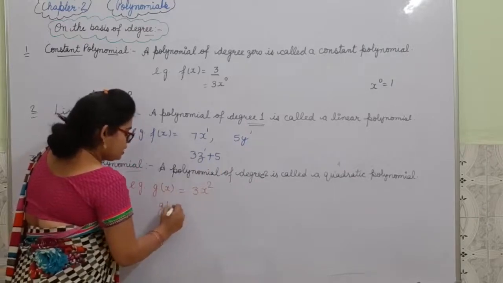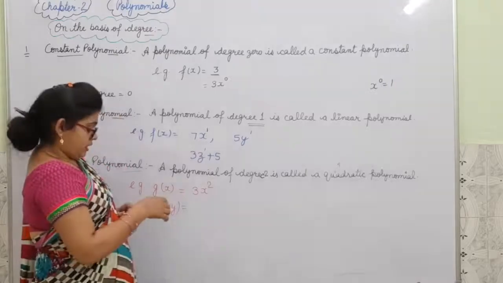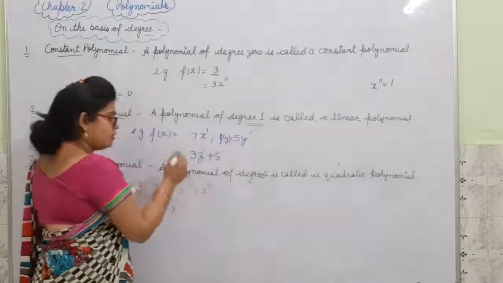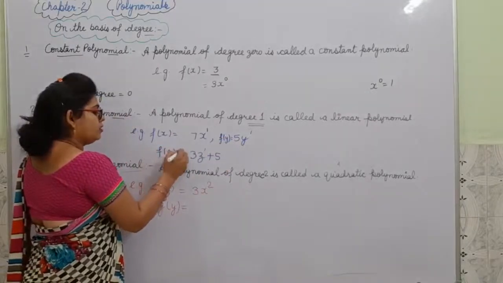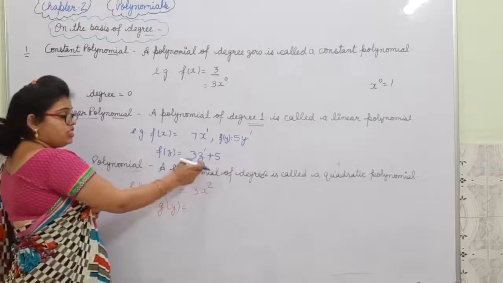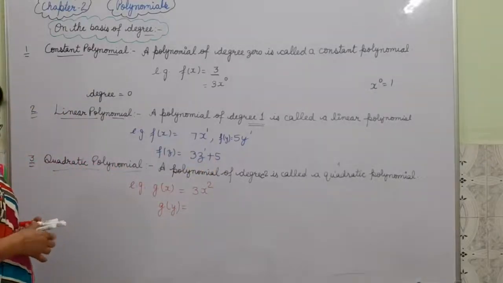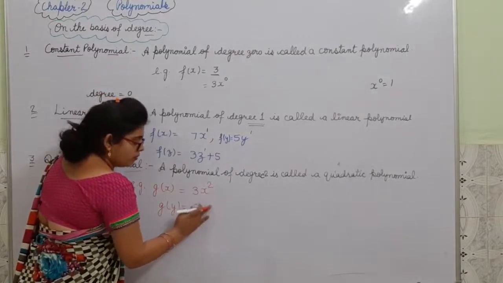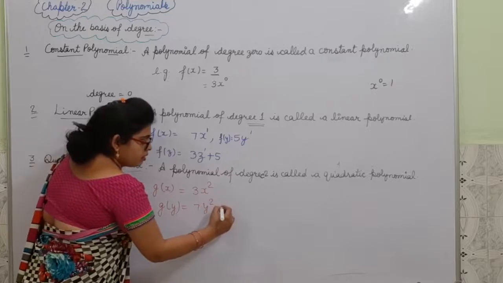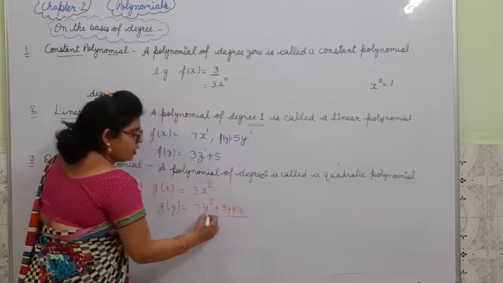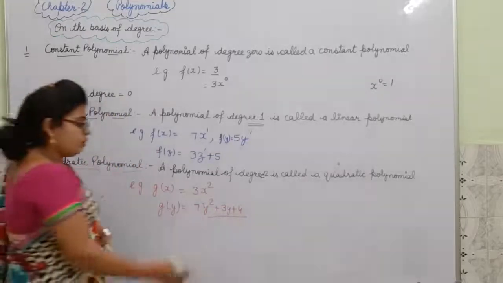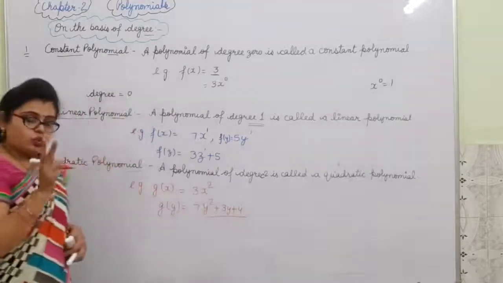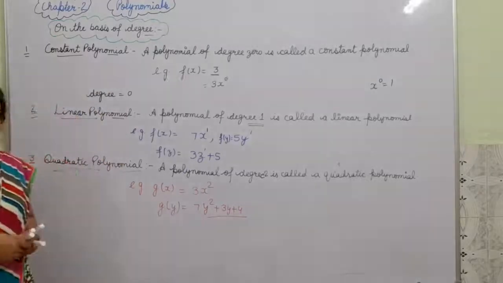It can be written as f of y because the variable is y, or f of z if the expression is in the variable z. Now g of y is 7y square plus 3y plus 4. Again it is a quadratic polynomial, because the highest power is 2 and the other power is 1. Highest power is 2, so it is a quadratic polynomial.